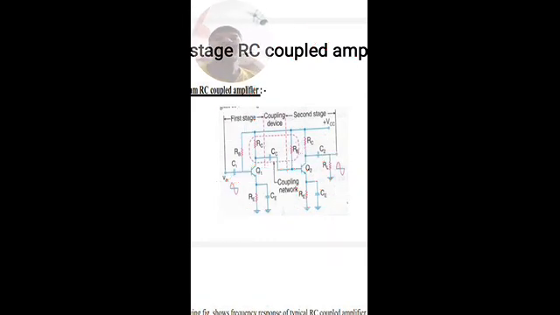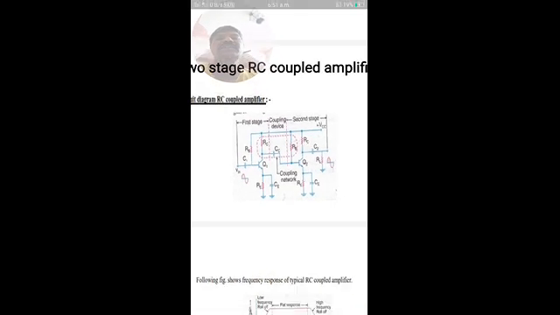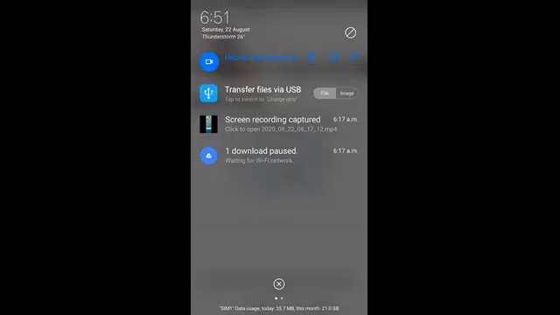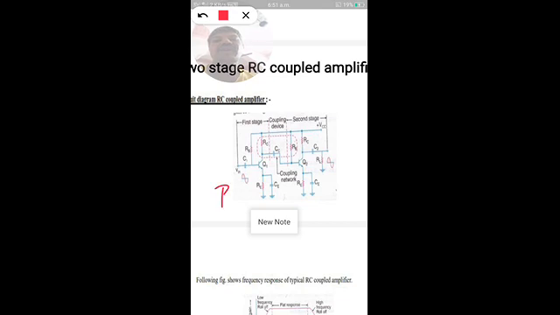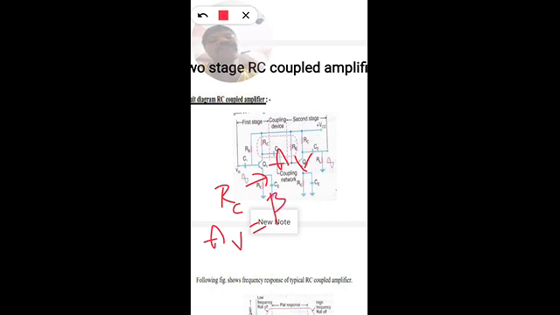And RC is the component used to provide the necessary voltage gain of the amplifier, because AV, the voltage gain of the amplifier, is equal to the current gain, that is beta, into RC by RI, or RC or RL.